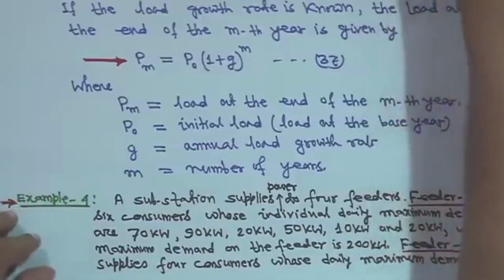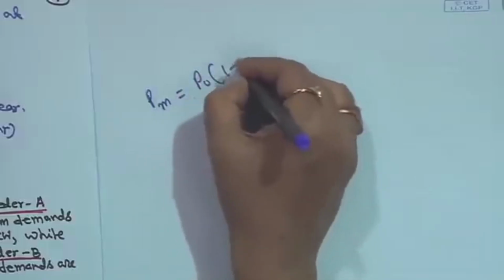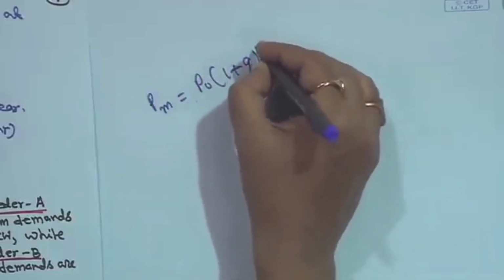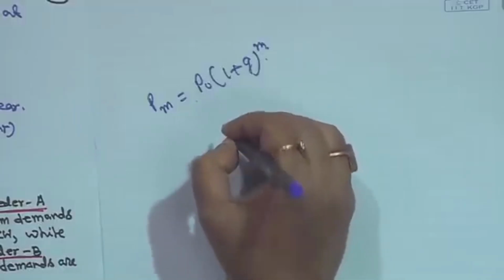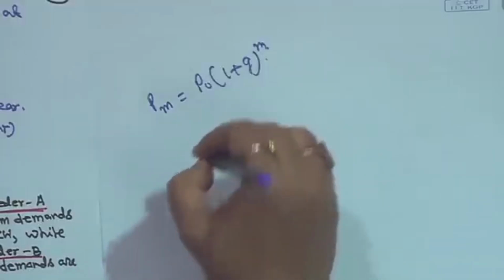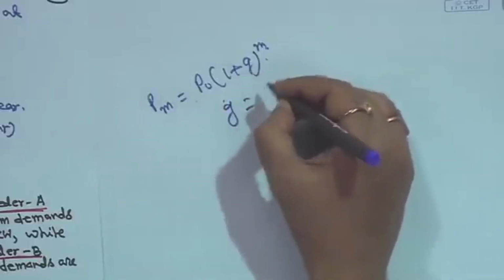For example, suppose we write Pm is equal to P0 (1 plus G) to the power m, right. P0 is the load at the base year, suppose this year, and G is the annual load growth rate.